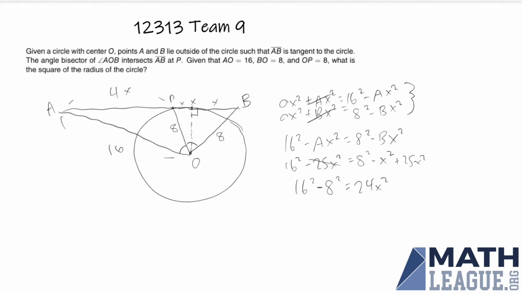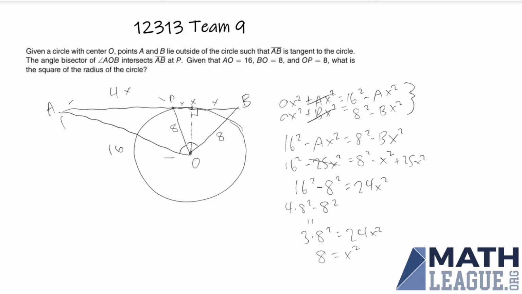And 16 squared is just 4 times 8 squared. So subtracting an 8 squared, we get 3 times 8 squared equals 24x squared. 24 is just 3 times 8, so we can divide by 24 on both sides to get 8 equals x squared.